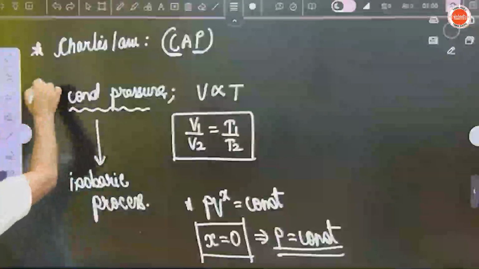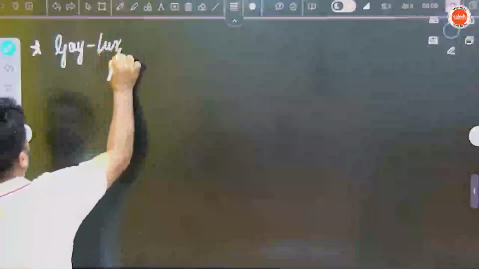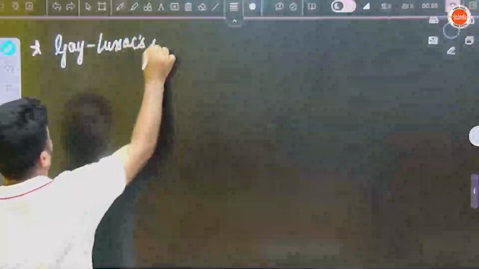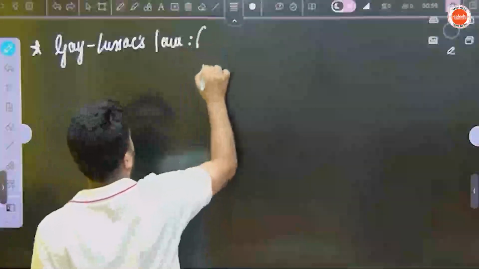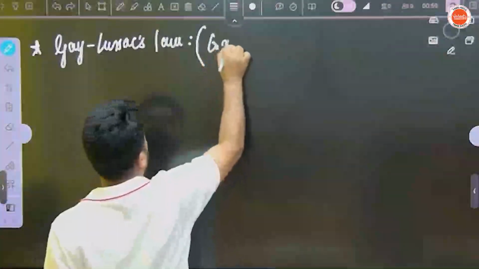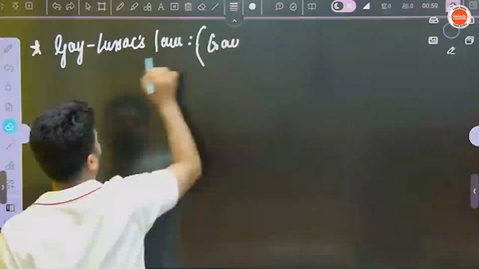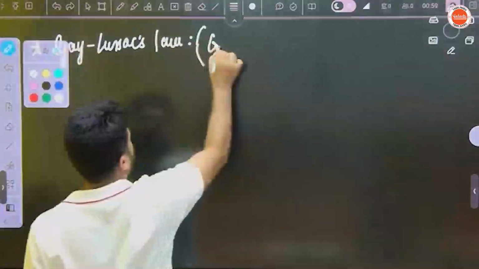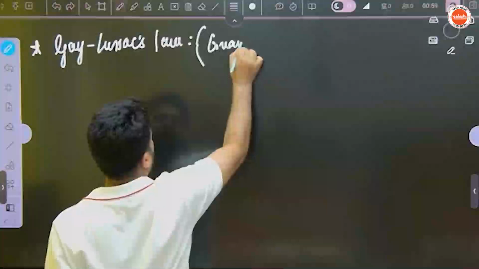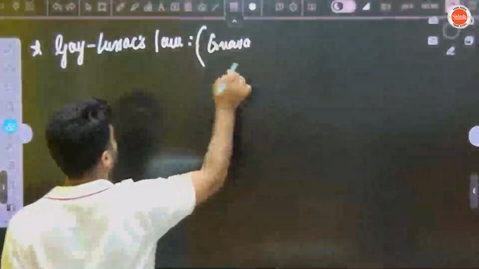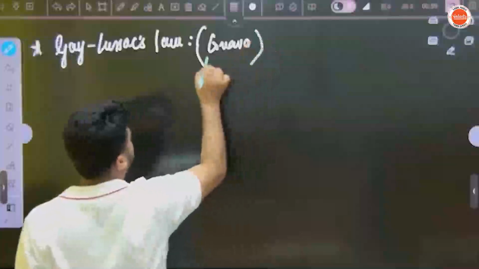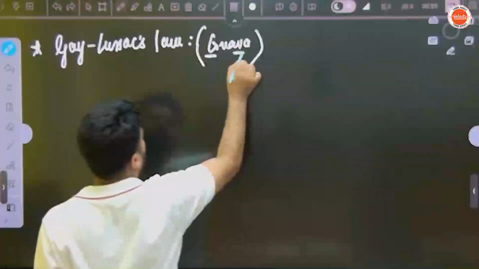Next we have Gay-Lussac's law. You can remember the word GUAVA. G for Gay-Lussac's law, V for volume.